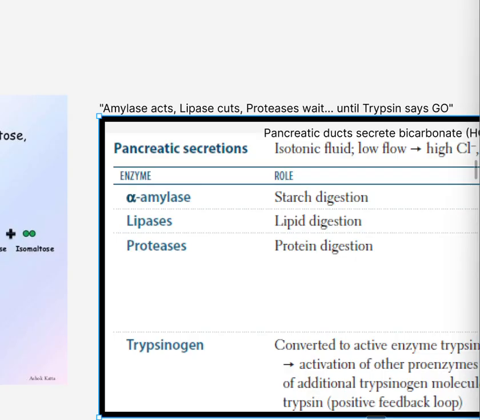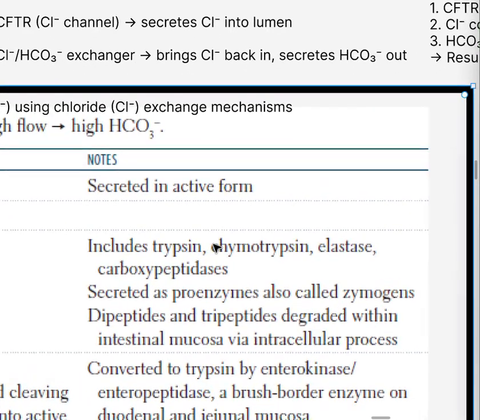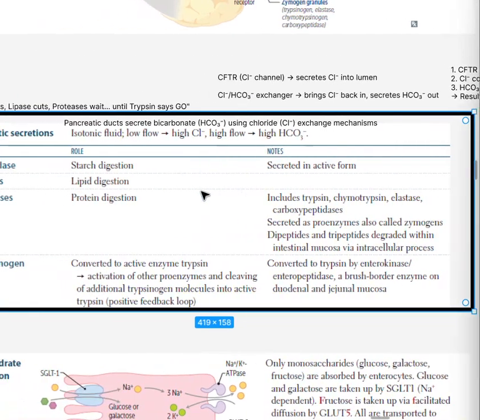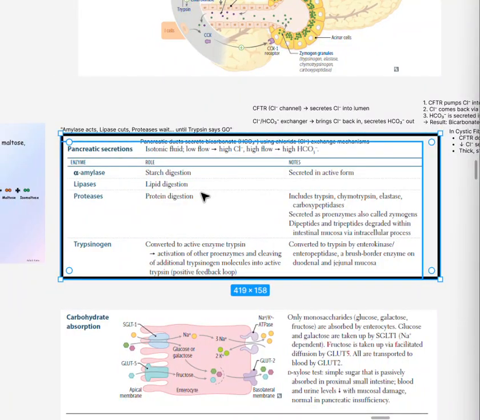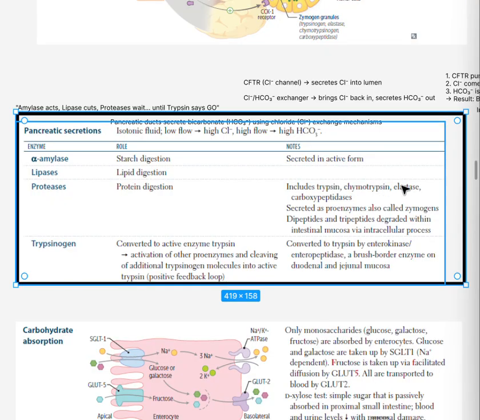The proteases are basically all secreted in the form of precursors. This trypsin, chymotrypsin, elastase, and carboxypeptidases are all secreted in the form of precursors. They're secreted in the form of precursors because the pancreas will eat itself if they are secreted in the active form. Because these enzymes are supposed to digest proteins, and if the pancreas itself secretes them in the form of active enzymes, it will start eating itself.